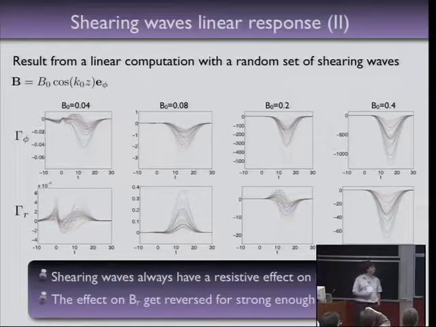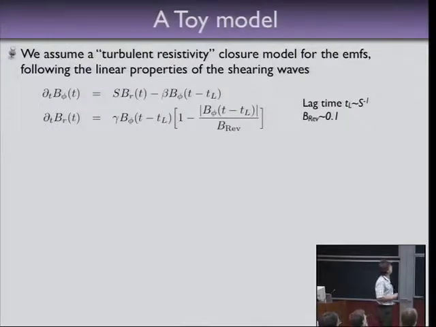So let's summarize that with a very simple toy model. These are the induction equations for the axisymmetric field. For B phi, I've just assumed a turbulent resistivity prescription. And for the radial component, I have assumed a kind of back reaction which gets reversed for a field strength for B phi of the order of 0.1, which is consistent with my linear analysis.